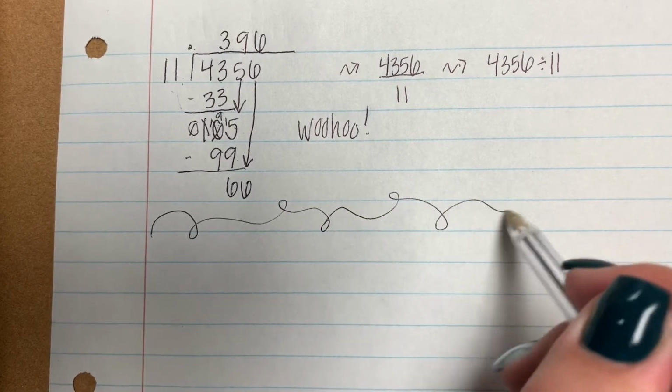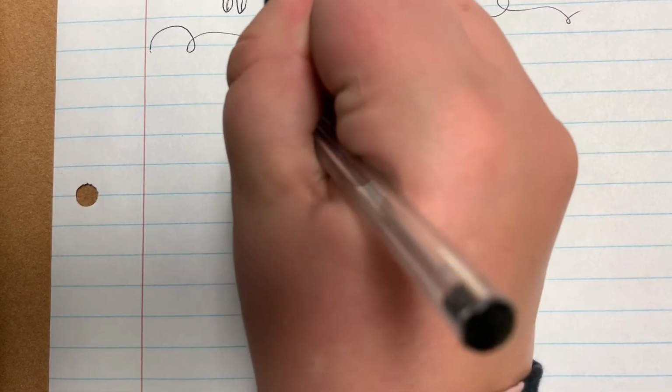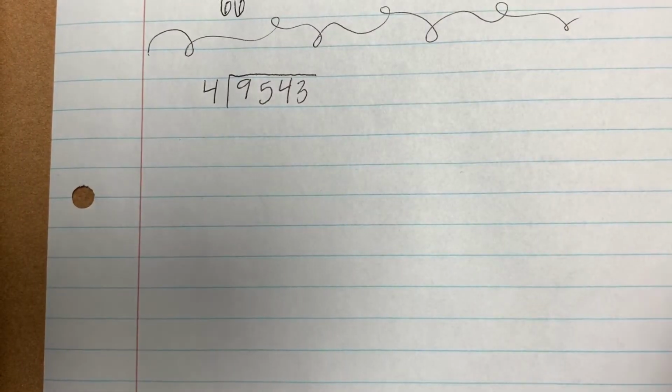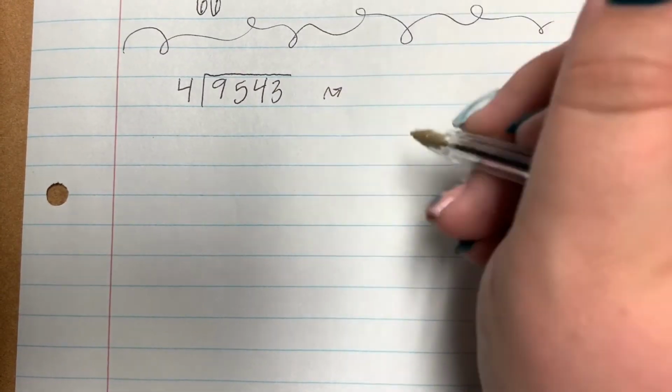I'm going to draw a line, and we're going to look at our next problem, which will have a divisor, so that's the number on the outside that we're dividing by, of 4, and a dividend that's on the inside of the house, the number we're dividing into, of 9,543. I would read this 9,543 divided by 4.